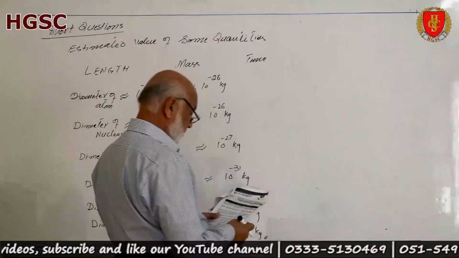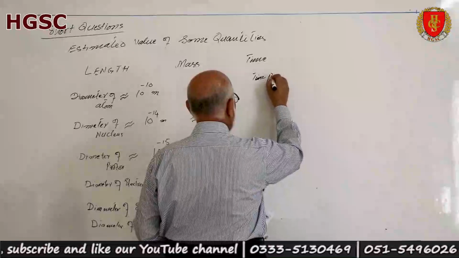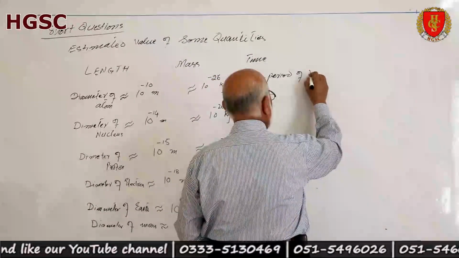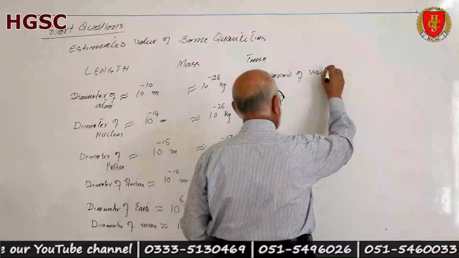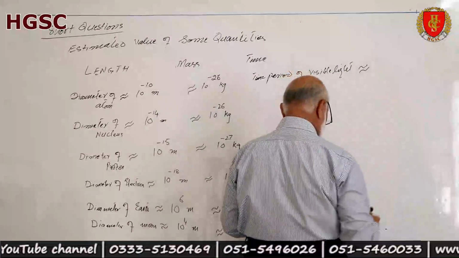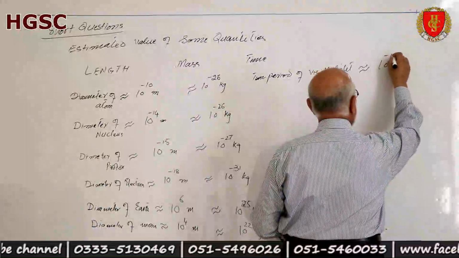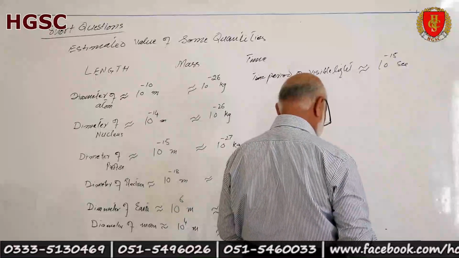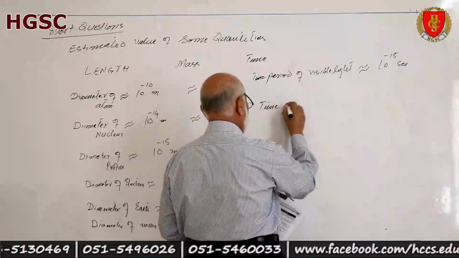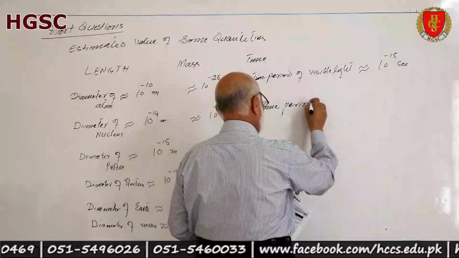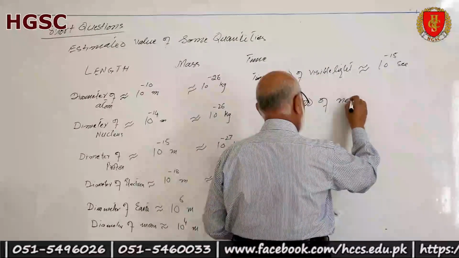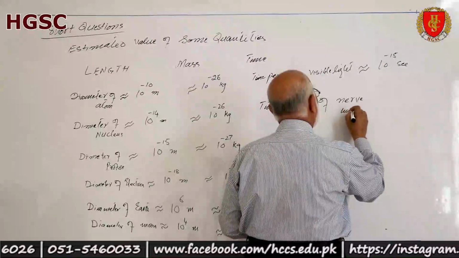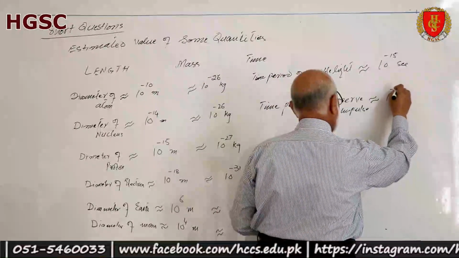Now we take time. Time period of visible light is of the order of 10 per minus 15 seconds. Time period of nerve impulse is 10 per minus 3 seconds.